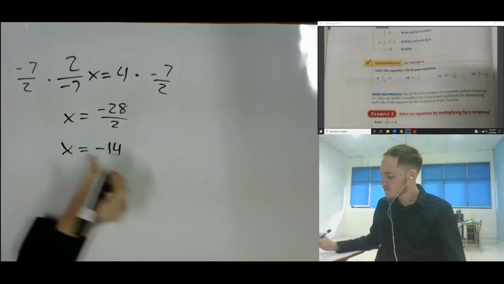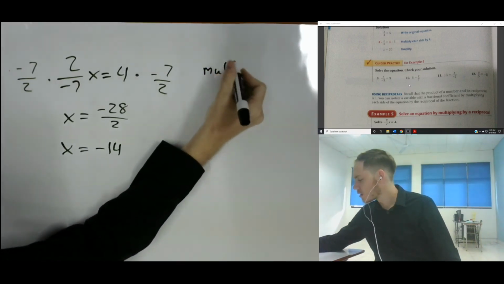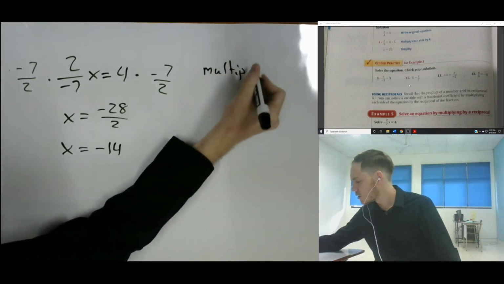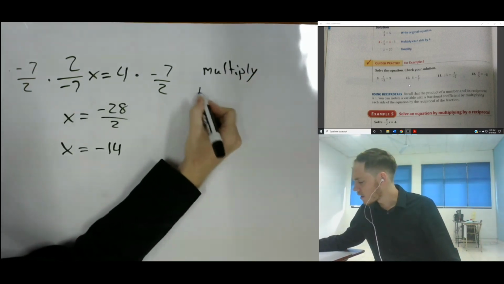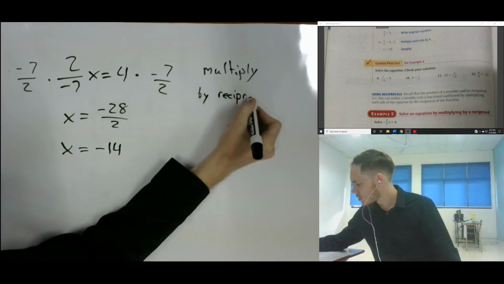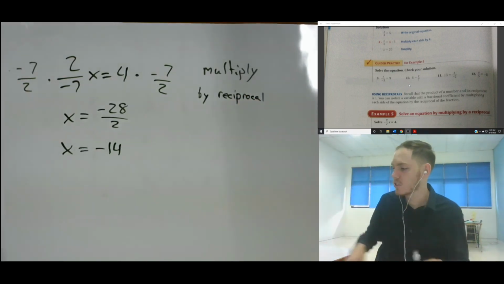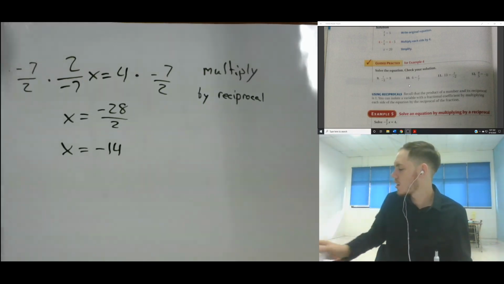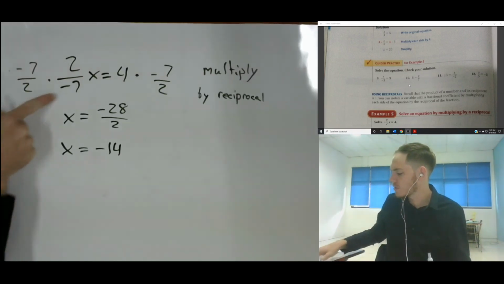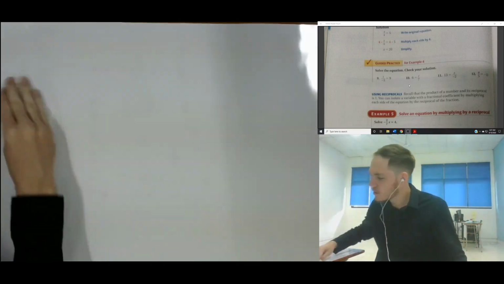So we multiply by the reciprocal. This is especially true when you're trying to cancel out a fraction.